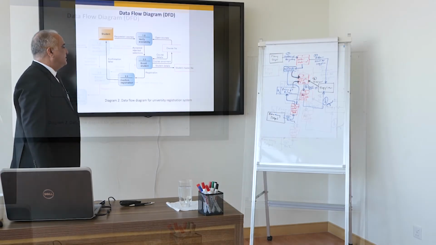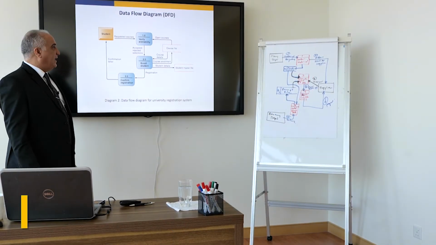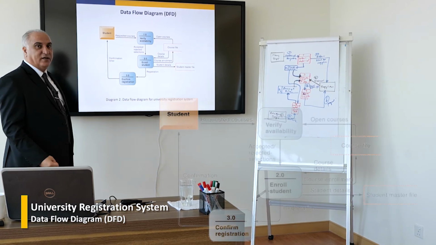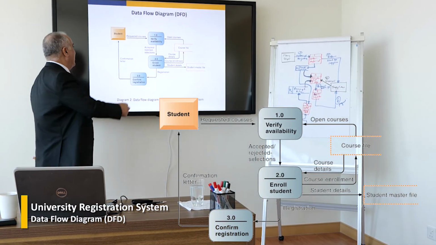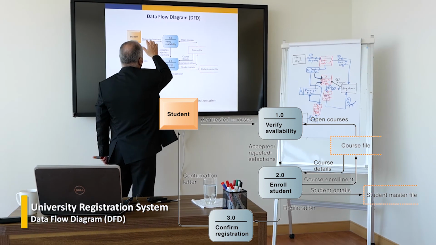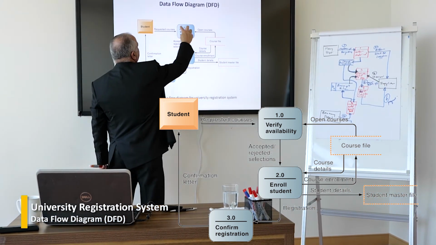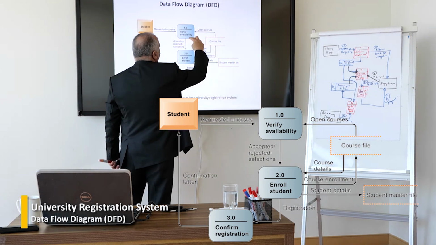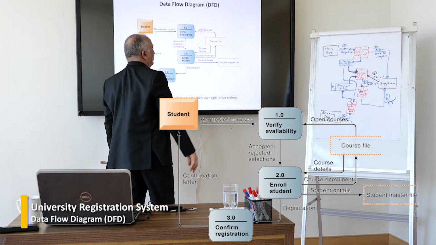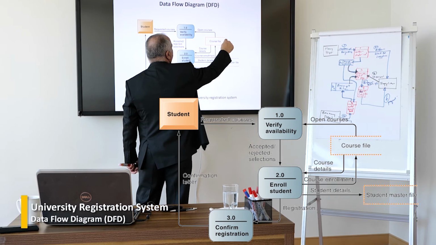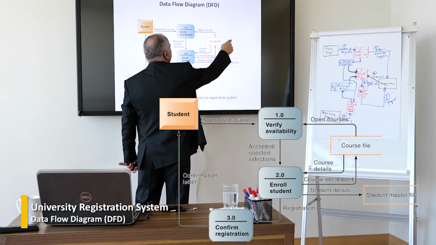Let's look at this example we already discussed, again just to reinforce the thoughts. We have a student making a request for a course, checking whether a course is available or not. Maybe the class is full, so we check the number enrolled, available slot or not.